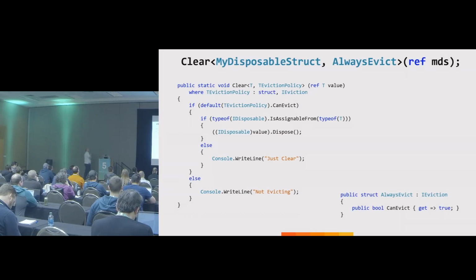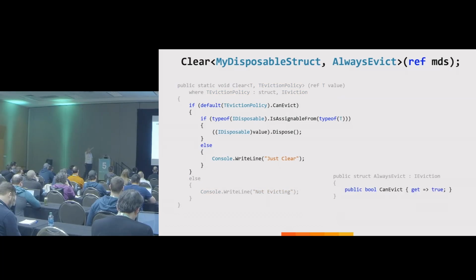Let's look at our disposable stuff. And we don't always evict. So we know for sure it doesn't matter what we put on the first one. If we always use never evict, we are going to end up with the same code, period. But this case is interesting because we are going from the top, and then we are going to end up in typeof(IDisposable).IsAssignableFrom(typeof(T)), though I didn't use the shorthand version, which is typeof(T) is IDisposable.